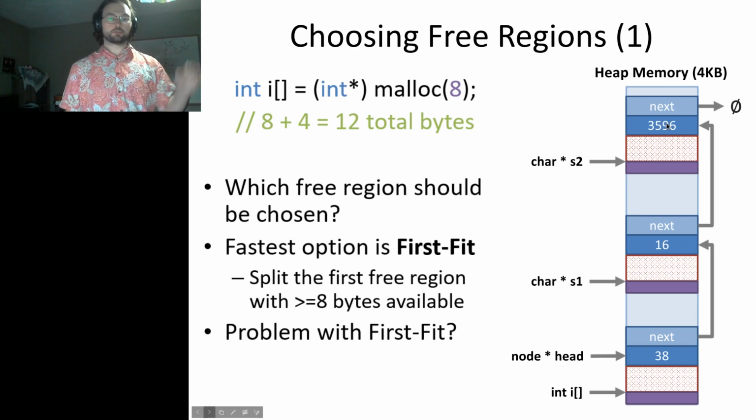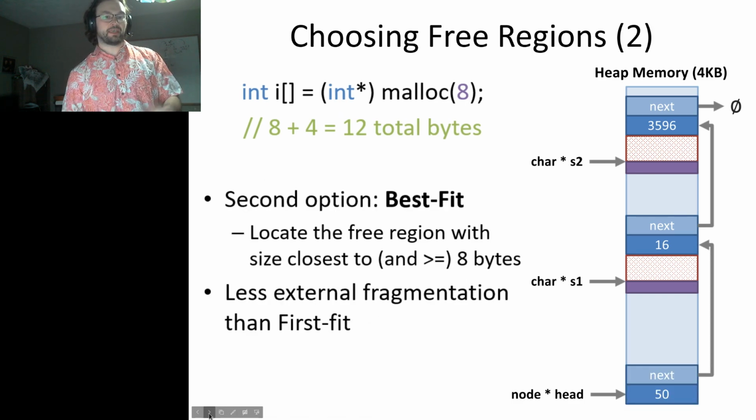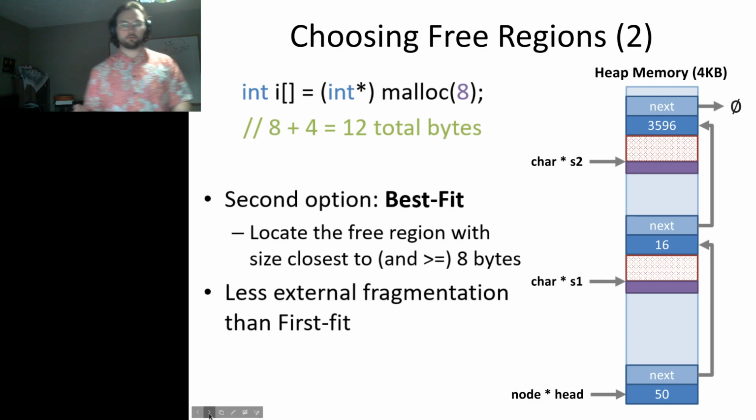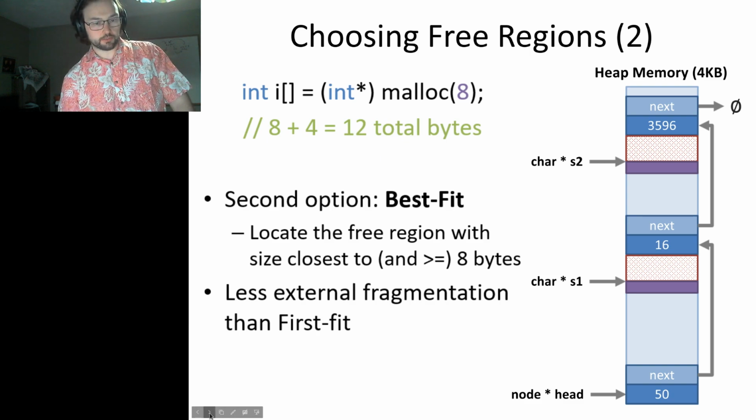So both of these options are asymptotically the same time, although the average case or best case scenario is better for first fit, that we're likely to be able to get an answer without looking at the whole list, whereas with best fit we always have to look at the whole list.